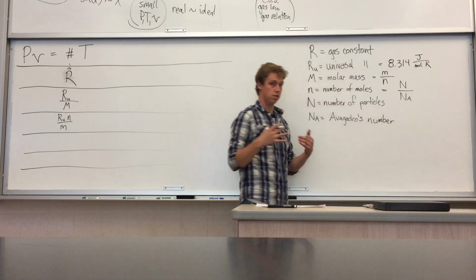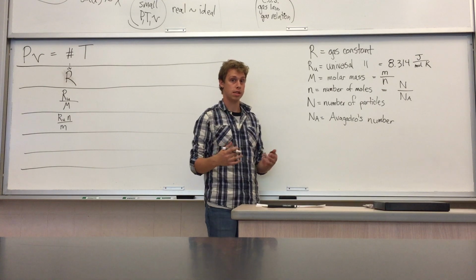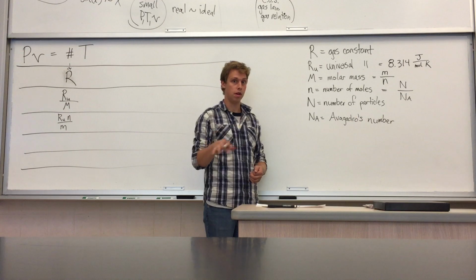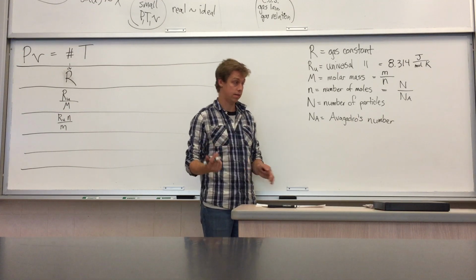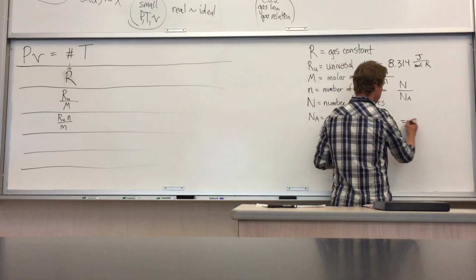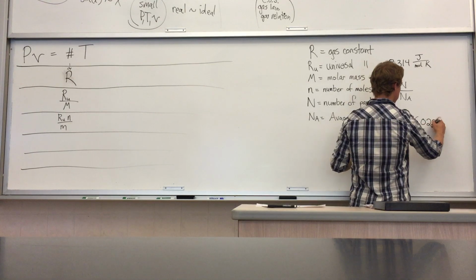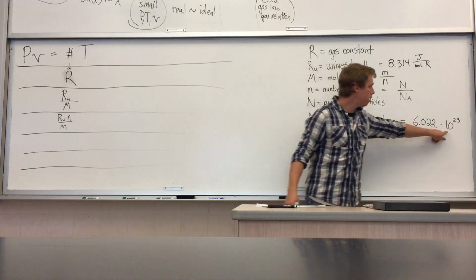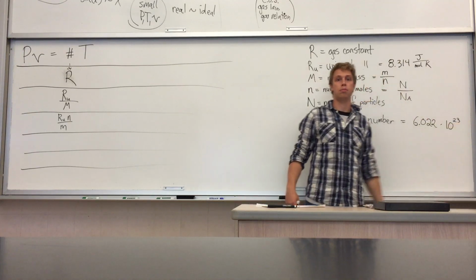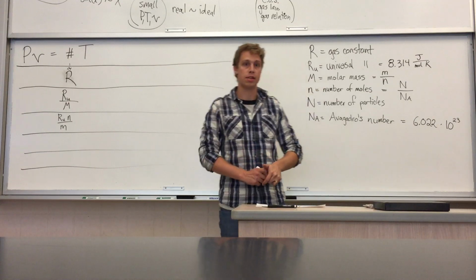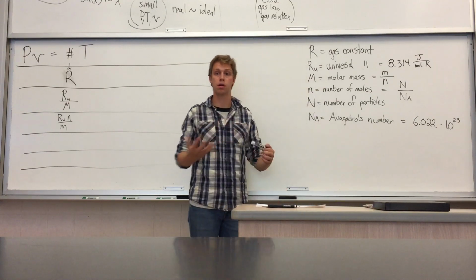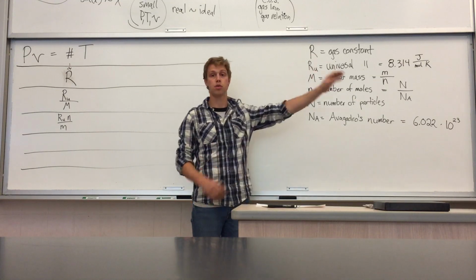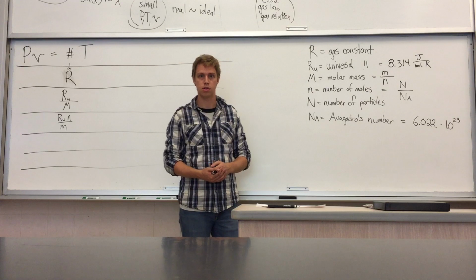It's a number, it's dimensionless. It's like 12, all right? So just like a dozen is 12, a mole is Avogadro's number. That's how that works. And this number equals about 6.022 times 10 to the 23. This is a 1 with 23 zeros behind it, okay? That's a lot of stuff, but when you're counting particles, it doesn't take a lot to get a number of particles with 23 zeros behind it, all right?